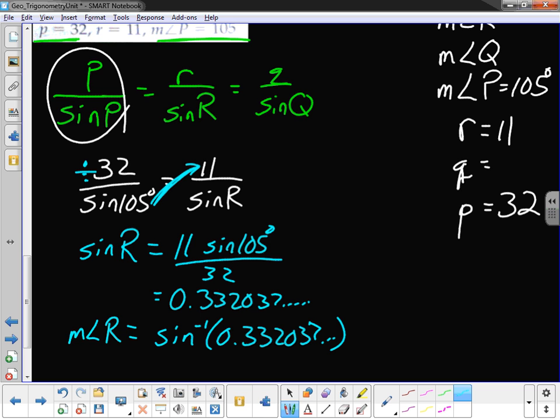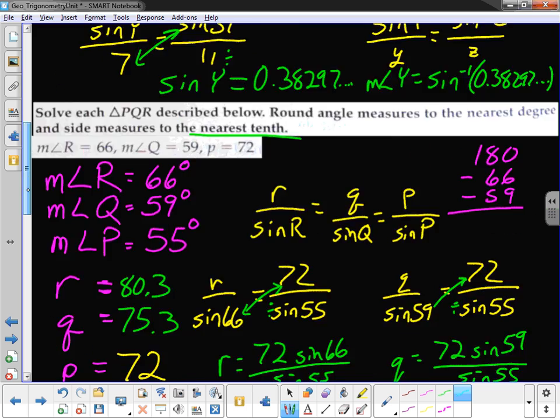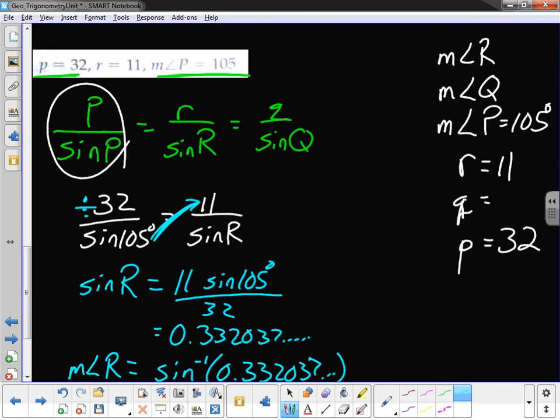Again, I could go to our little sheet, find the closest number and use it. Or I can just use inverse sine on my calculator and put in that whole number, and it tells me 19.39, on and on. So to the nearest whole degree, because that's what the directions call for, I would say 19 degrees.